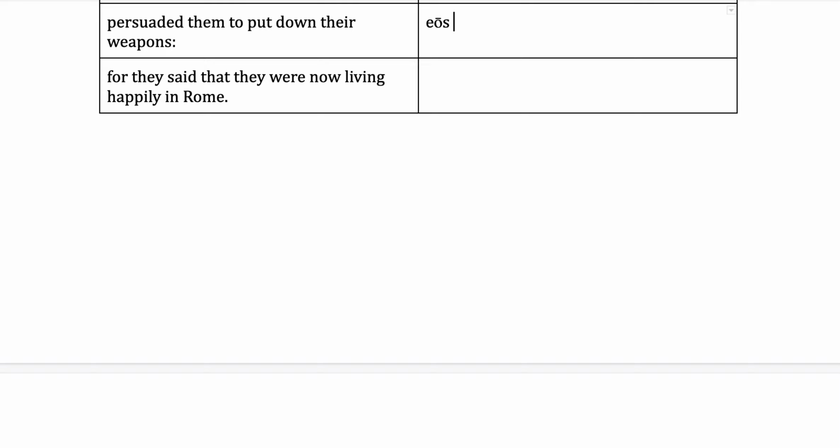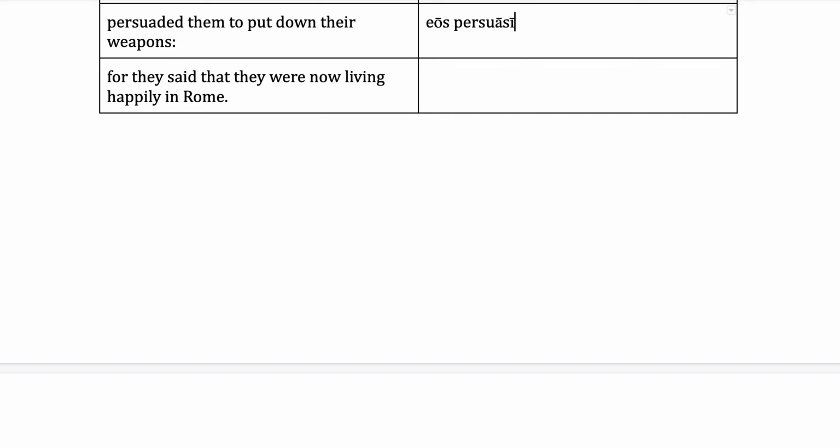And then to persuade, the verb to persuade in Latin is persuadeo, and we want the third person plural perfect tense. So check the principal parts, persuadeo, persuadere. Then the third principal part, which is the perfect tense, is persuasi. So persuasi. And then you want the third person plural.